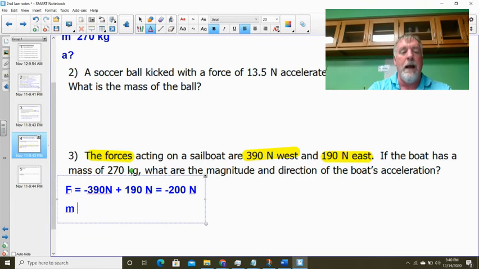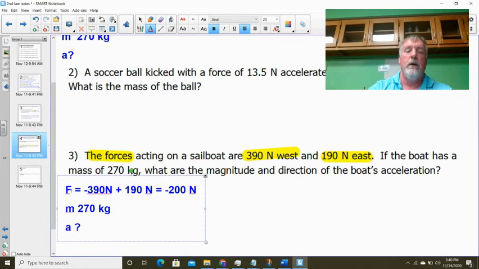We also are told the mass of our boat is 270 kilograms, and it asks us for our acceleration, and we've got to do the same kind of thing. So what's our acceleration?